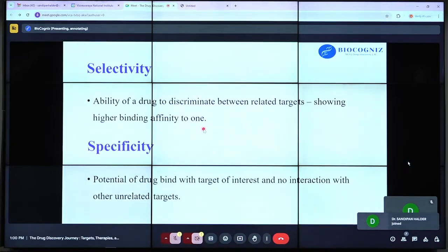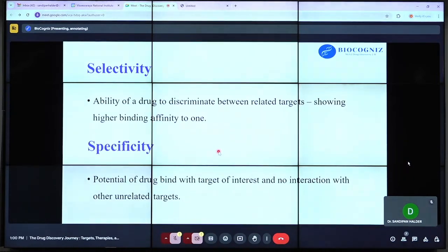Okay, so we should know what selectivity and specificity are. Selectivity is the ability of a drug to discriminate between related targets, where it shows higher binding to one compared to another. Whereas specificity means it should bind with only one and not with the others.